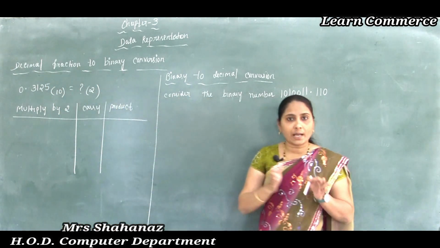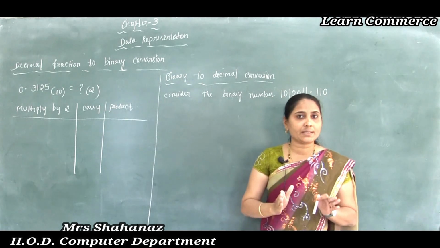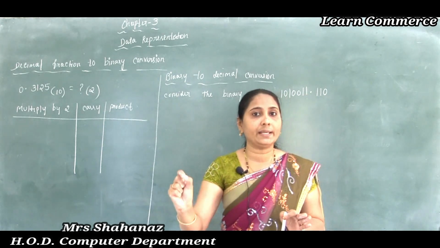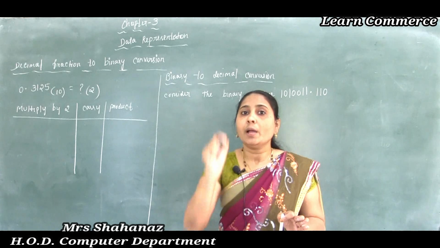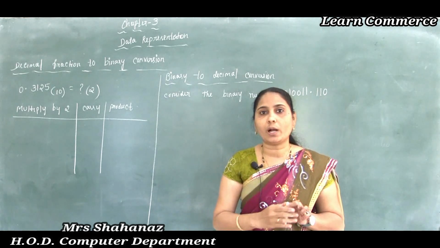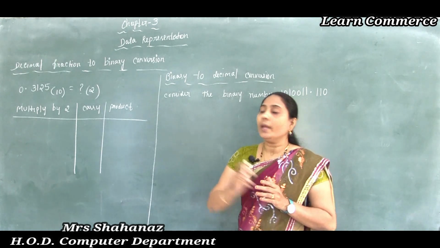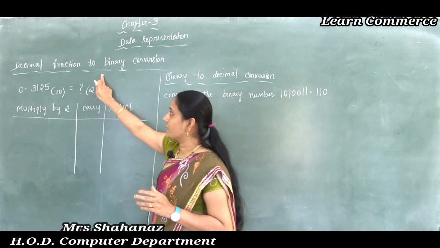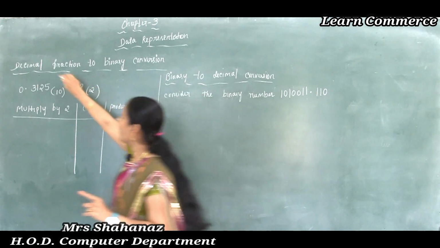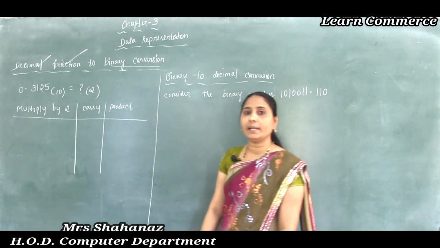In the last class, the topic was decimal to binary conversion. As we know, there are many steps, and based on those steps we complete the decimal to binary conversion. In today's class the topic is the decimal fraction, which we are going to convert to binary.